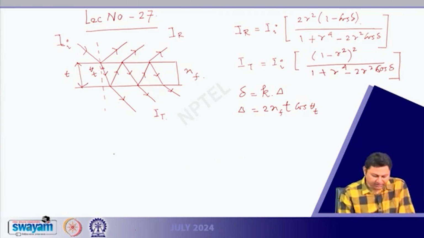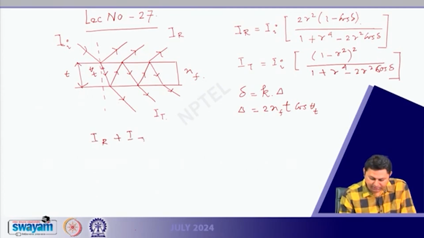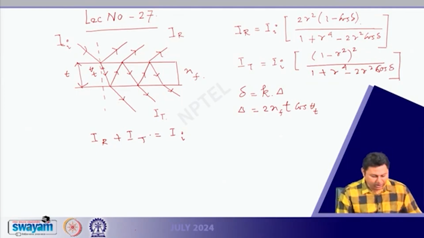Before that, one can also find that IR plus IT should be the total incident intensity II.